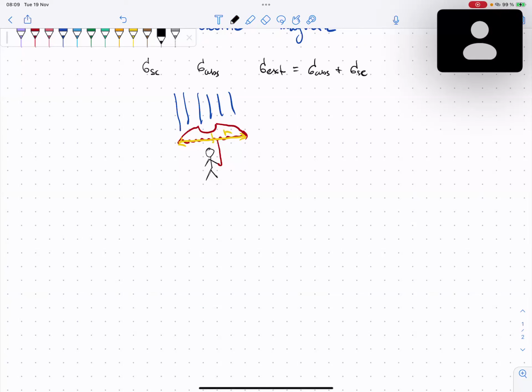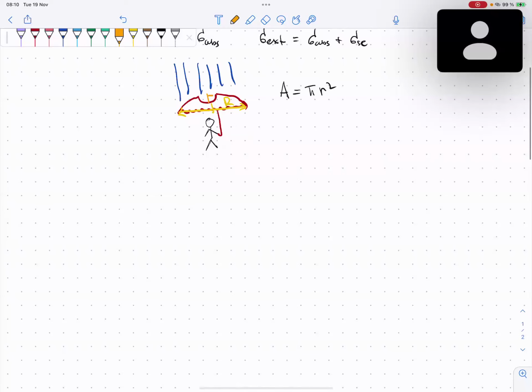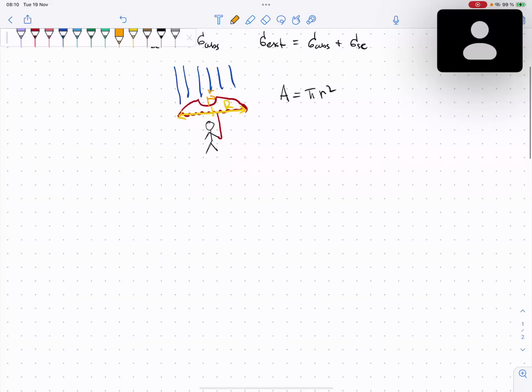then the total area of the umbrella will be πR squared. Let me call R big, and the radius of this hole will be r small. The total area of the umbrella will be πR squared.